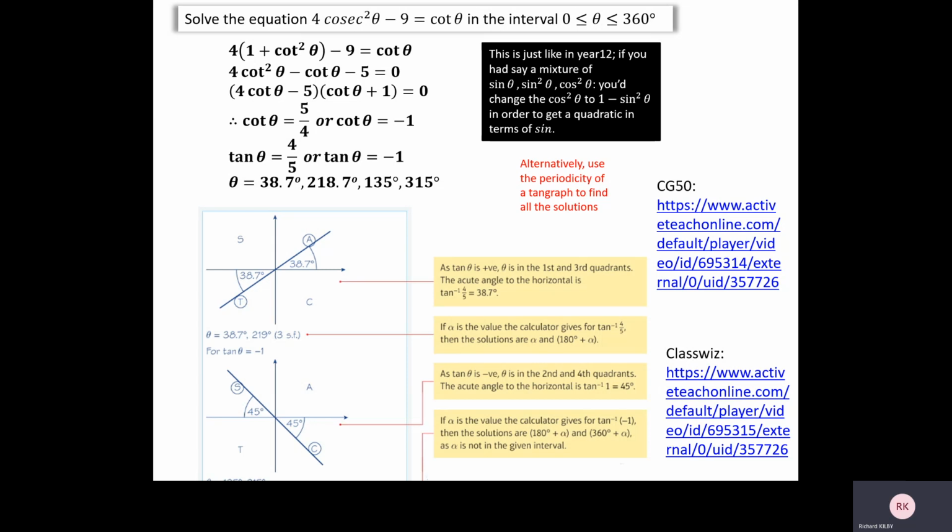Right. The first one, okay, it's the first one. We've got 2 cos squared minus... okay. So with that one, if you look at what we're aiming for, we've got cosines and sines in there.